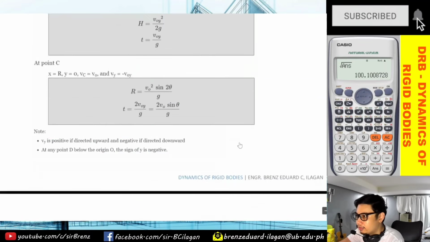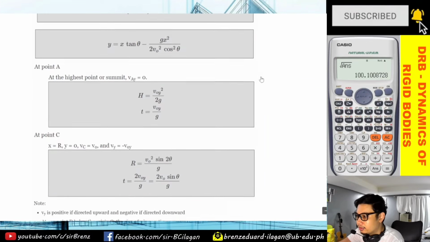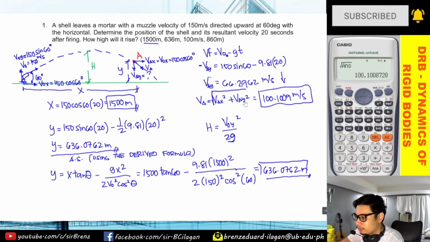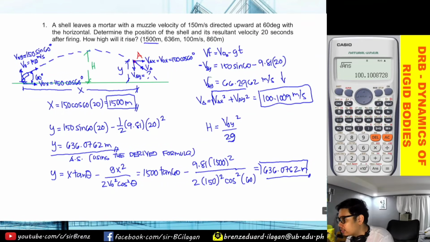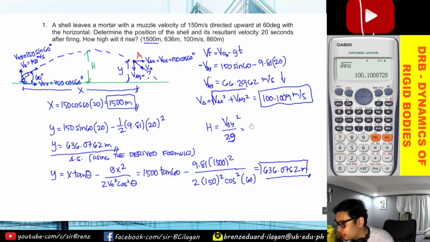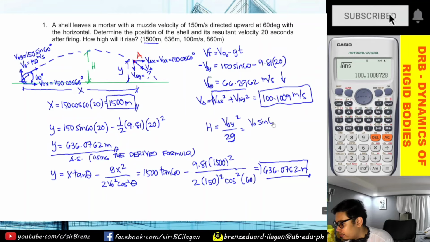Tama ba? Okay, over 2G. Okay, or this can be rewritten as V0 sine theta, ayan, naka-squared pareho. All over 2G.